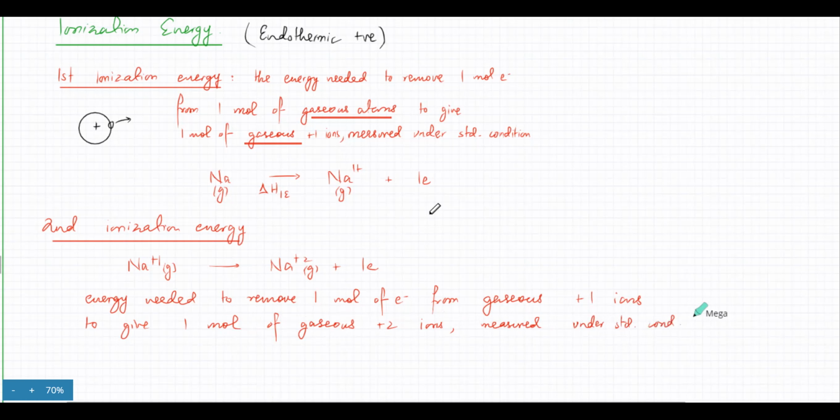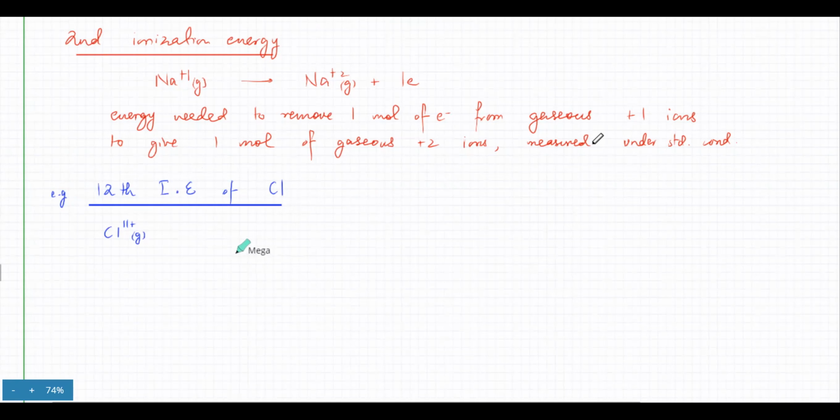That means 11 electrons have already been removed. So you've taken a chlorine atom, you've already removed 11 electrons, and now you're trying to remove the 12th electron. So it's going to form a 12 plus ion, and 1 more electron is going to be lost. Every time it's going to be 1 electron that is lost.